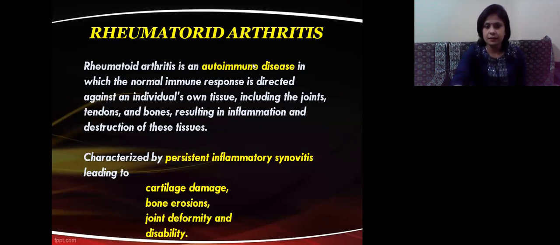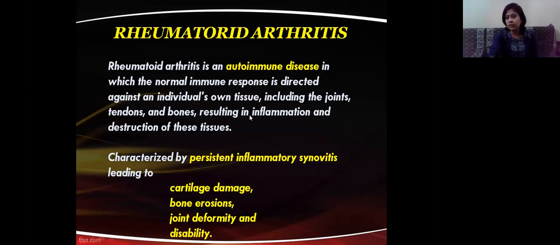Rheumatoid arthritis is an autoimmune disease in which the normal immune response is directed against an individual's own tissue, including joints, tendons, bones, resulting in inflammation and destruction of these tissues. So, rheumatoid arthritis is an autoimmune disorder. What happens in autoimmune disorders? Our immune system is directed against our own tissues.